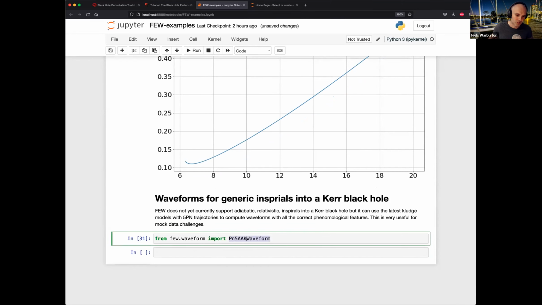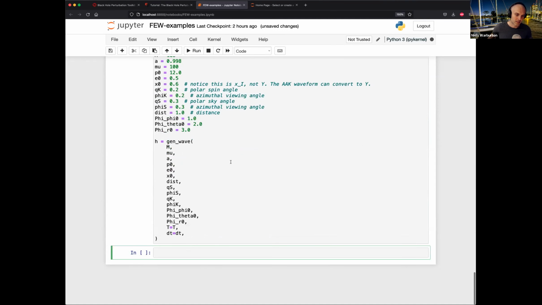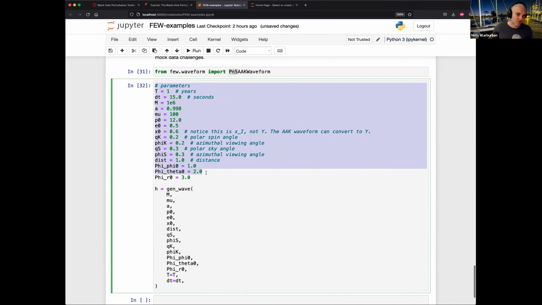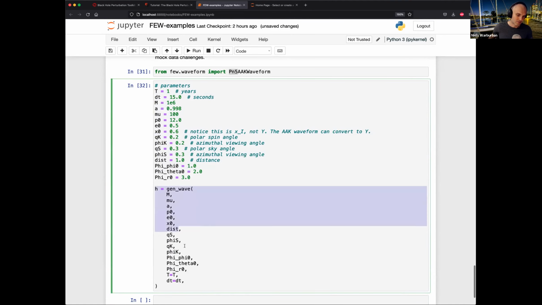So one example of this is what's called the augmented analytic kludge, the AAK, that was recently upgraded to use 5PN information for generic orbits. As I've only got a little bit of time, I will once again just cut and paste that in. It's exactly the same, just using the generic interface, setting a bunch of parameters, generating the wave in exactly the same way as before.